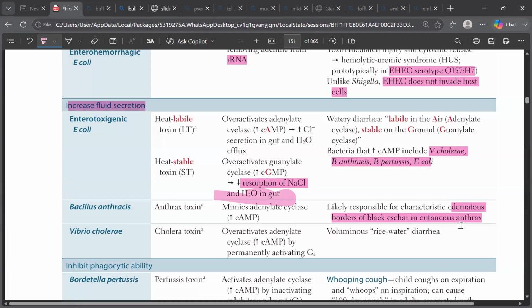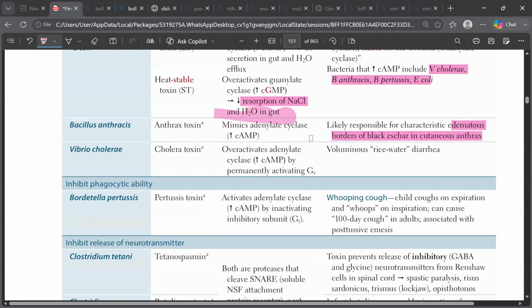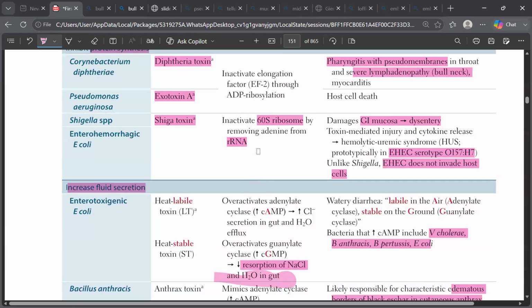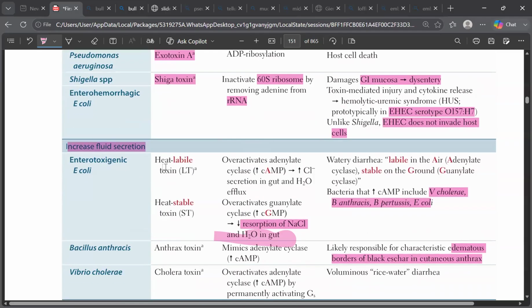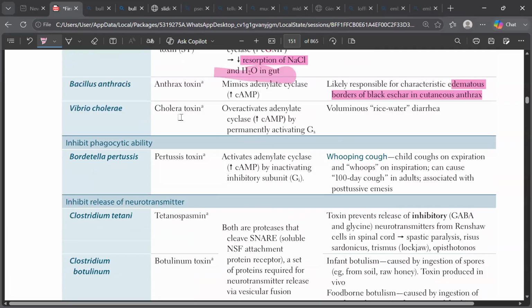Then we have Vibrio cholerae that has a cholera toxin that overactivates adenylate cyclase by permanently activating the stimulatory protein. And there's voluminous rice water diarrhea with Vibrio cholerae, obviously. Again, we had those that inhibit protein synthesis, Corynebacterium, Pseudomonas, Shiga toxin, and we have increased fluid secretion because of heat stable, heat labile, anthrax, and cholera toxins.